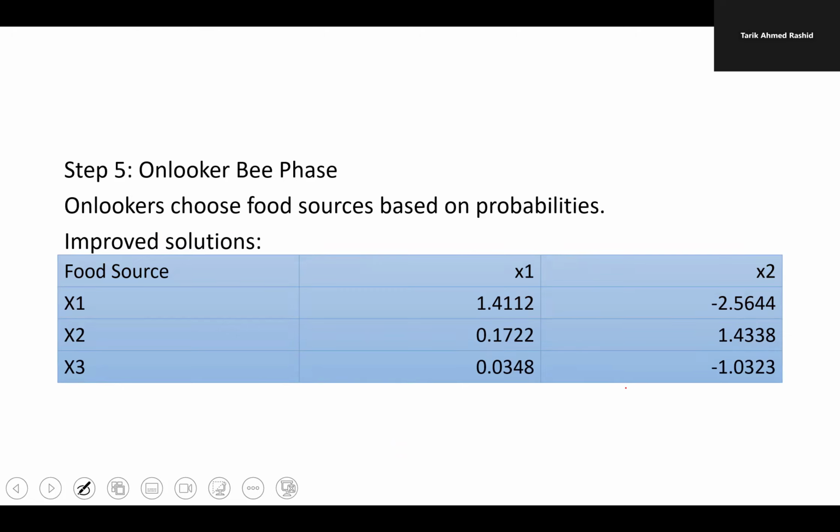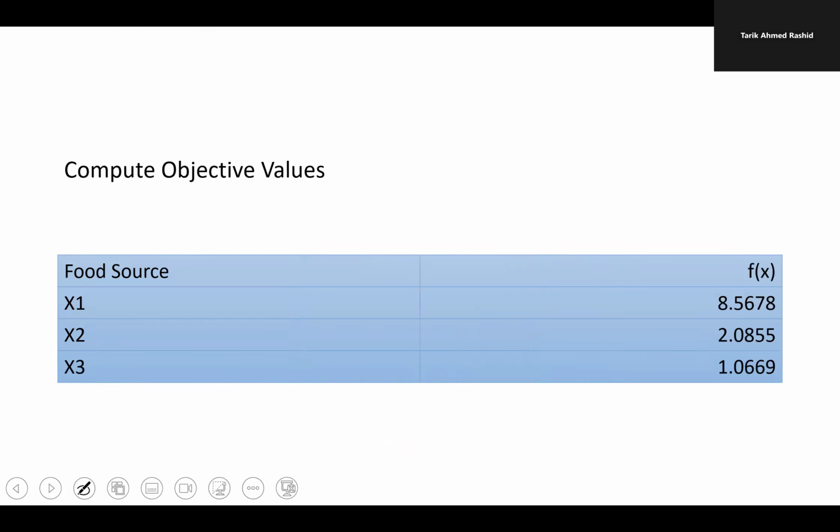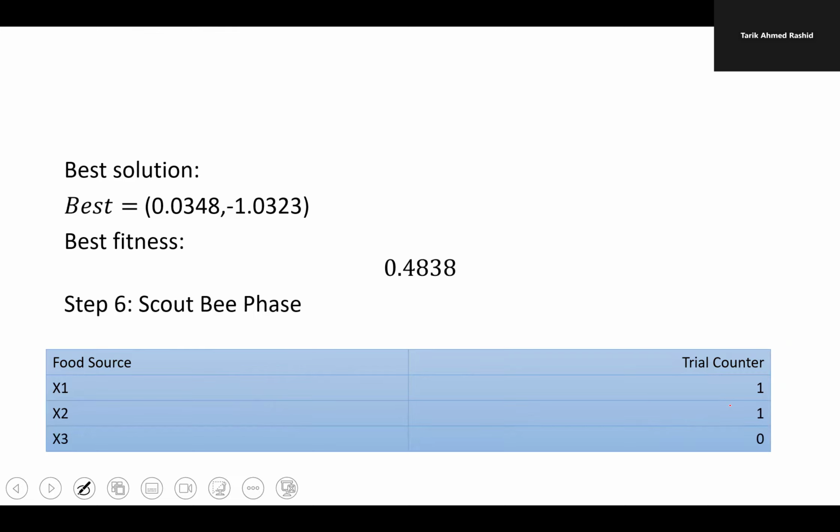So the onlookers now, the new value for the 3 is this one. And this means that the fitness also has changed, updated the values, and the final fitness is changed. And now this is the results, the best results that we have.